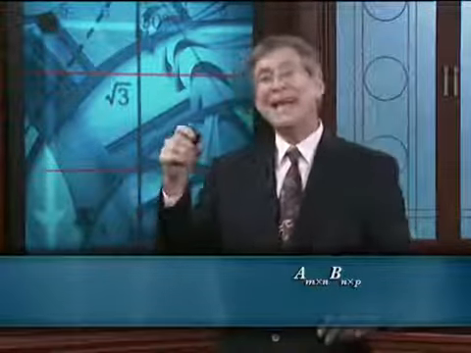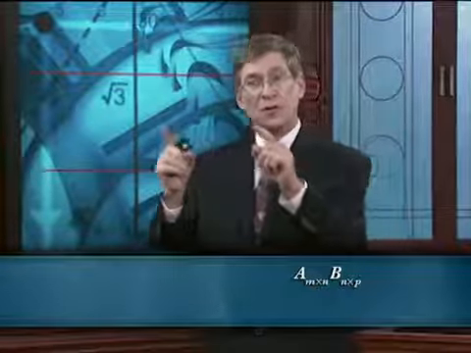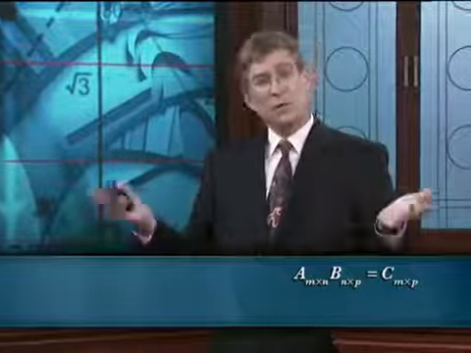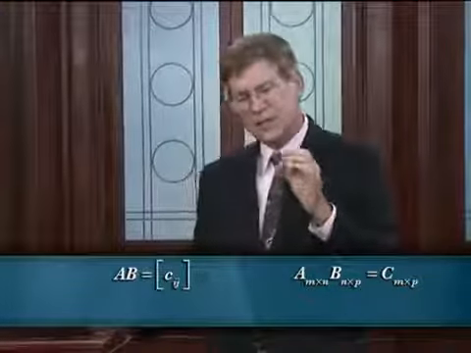You've got two matrices. A is m by n, m rows, n columns. B is another matrix, n by p. Notice that the n's have to be the same here. Then the product is m by p. So the product of AB is a new matrix, and a typical entry is of the following form. The ijth entry, remember what that means, the ith row and the jth column, is a certain sum of products.